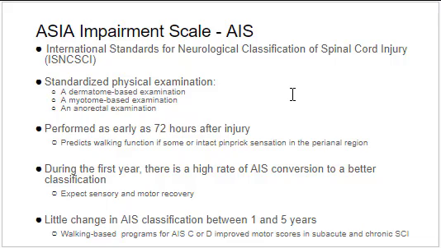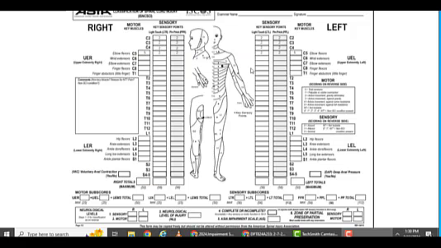Between 1 and 5 years, there's usually little change in the AIS classification. However, we have seen some walking-based programs for AIS levels C and D, which you'll understand a little bit more later what that means, that they have improved motor scores in both subacute and chronic spinal cord injury, which is pretty encouraging.